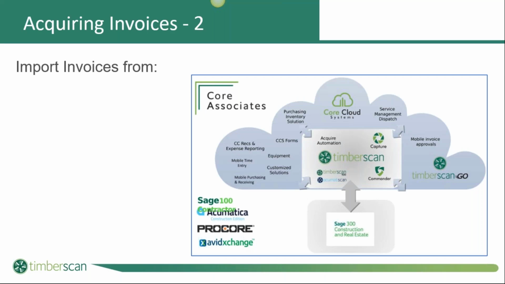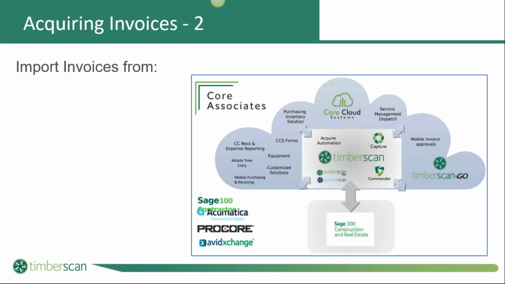With our core cloud system, which is a separate line of products, we can take, for example, pictures of credit card receipts in the field, process them into TimberScan, and even reconcile them with our bank. The CCS product line is continually expanding. In addition to credit card reconciliation, we offer a full purchase order and inventory package, service management dispatch, expense reporting, mobile time entry.